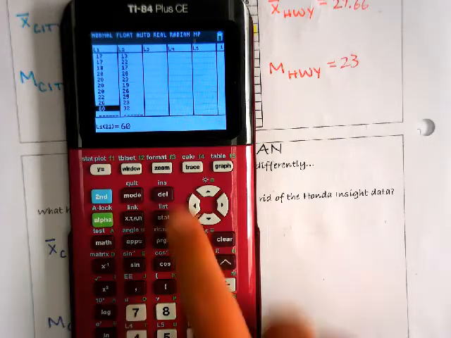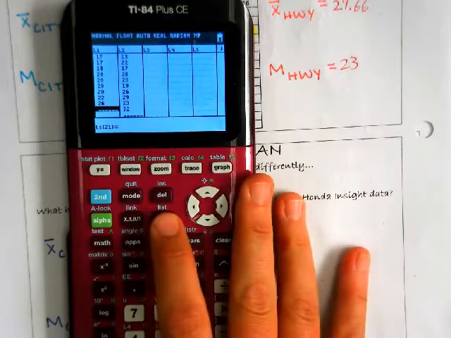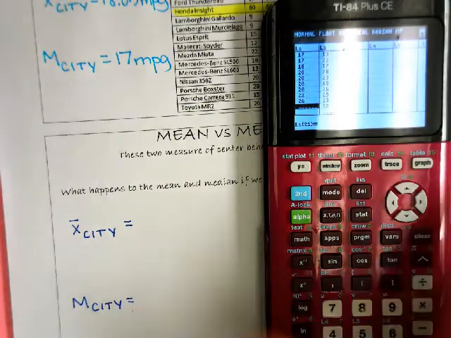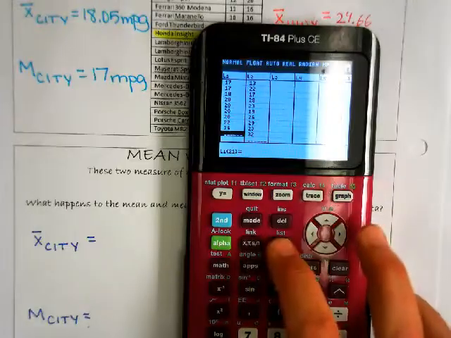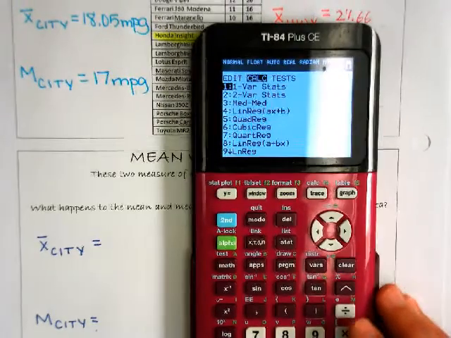Then I'm going to go back and find my new average and median, see how they changed. So I'm going to hit stat, go over to calc, and choose 1 var stats. Make sure it says list 1 for your list.